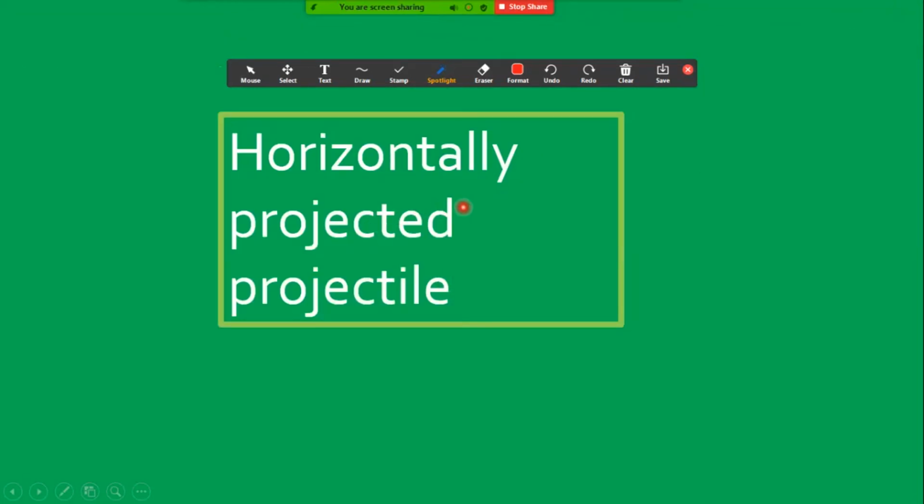Okay, horizontally projected projectile. Now I'm going to discuss the horizontally projected projectile. I think it will be very easy for you because you have already seen the equation for a projectile that is thrown obliquely.